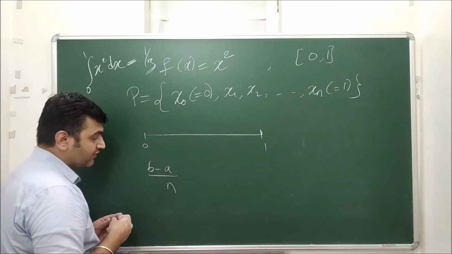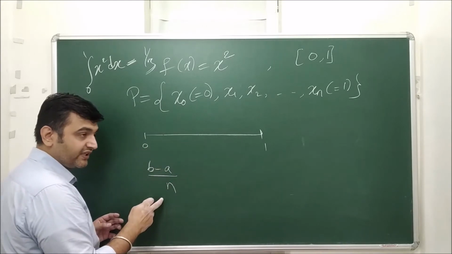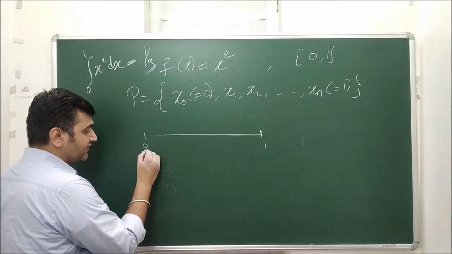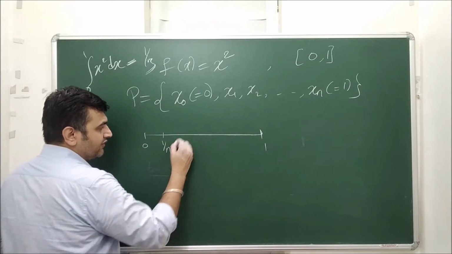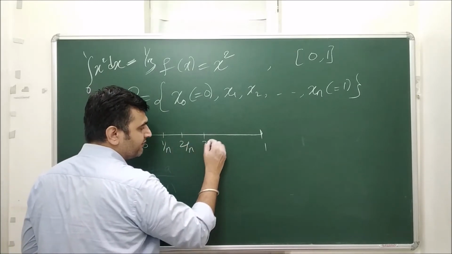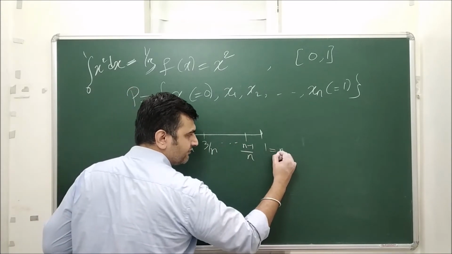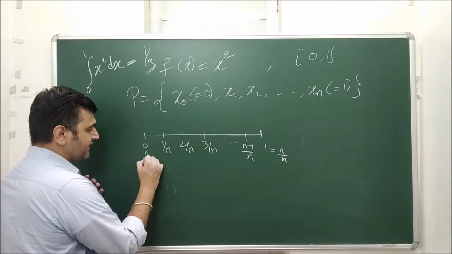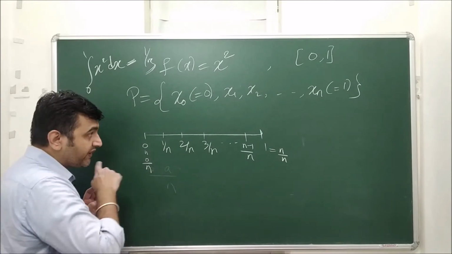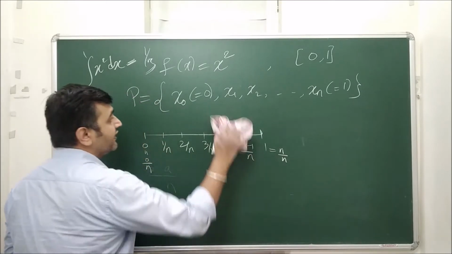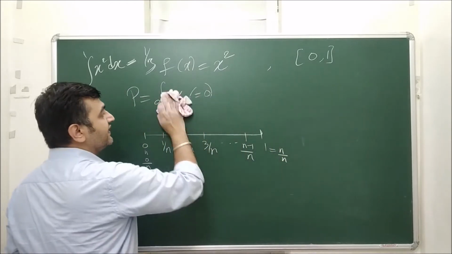The nodes you will get, in this case, it is 1 minus 0 upon n. So that means you divide into 0, 1 by n, 2 by n, 3 by n, n minus 1 by n, and this is n by n. And this you can say 0 by n. So you take this as the partition and that will help you to ease your calculation.